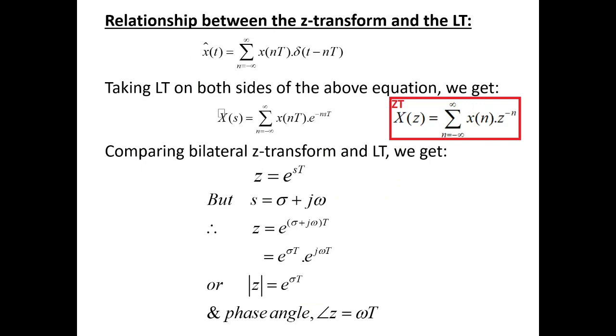Now the most intriguing part, which I was telling you about from the beginning, is that we need to understand the relationship between the Z transform and the Laplace transform.